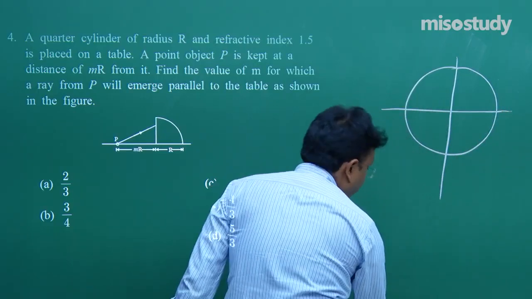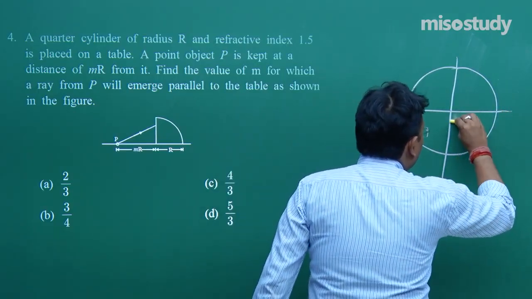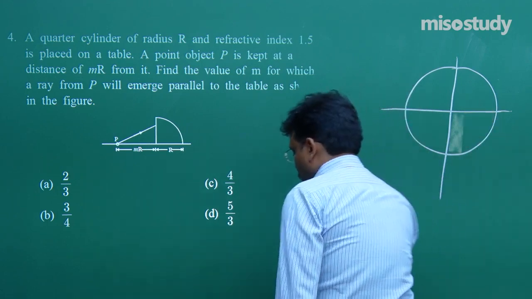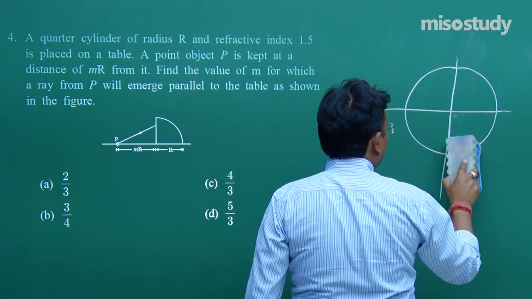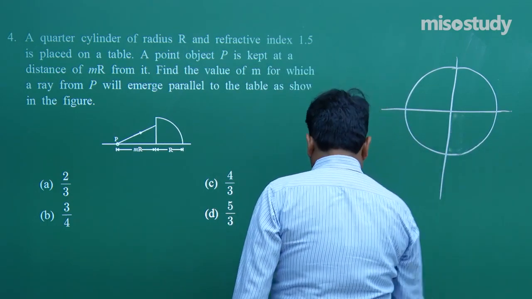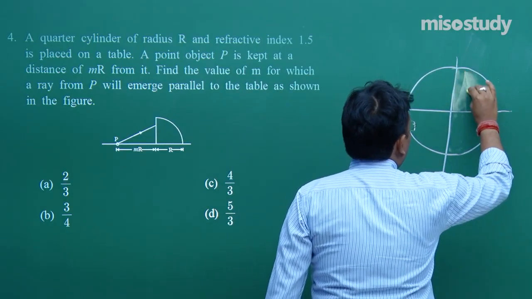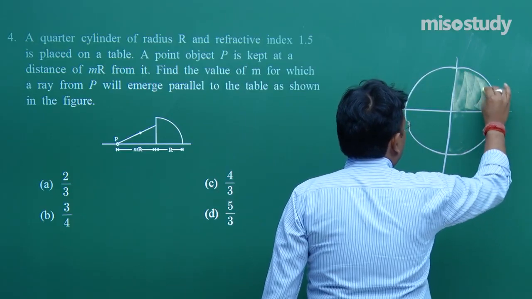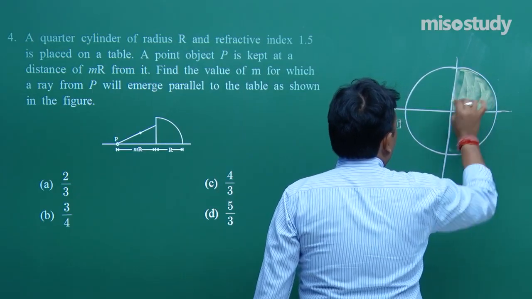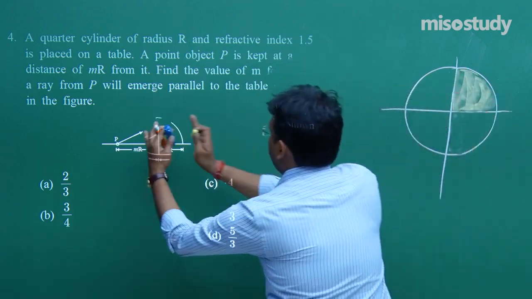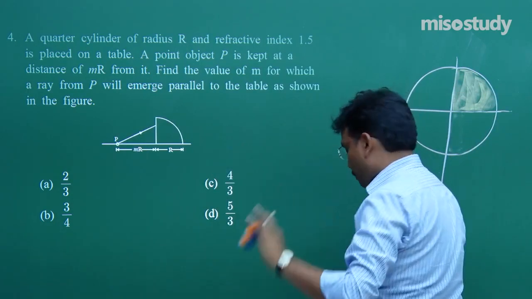So ultimately what you will get? This, I think, okay, they have given it. So basically this portion is visible, fine. So this portion I cut out, picked and placed over here, that is the problem, fine.